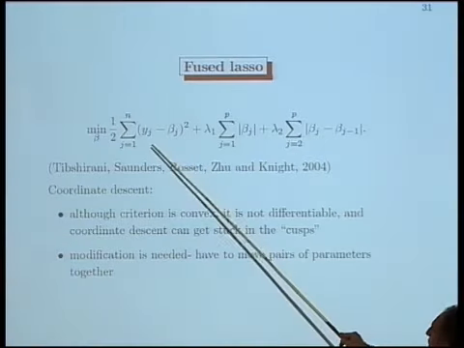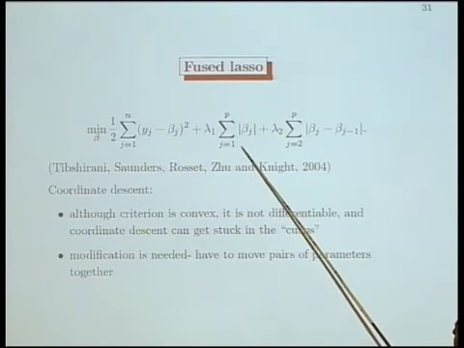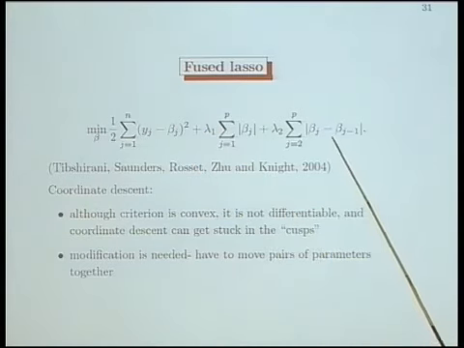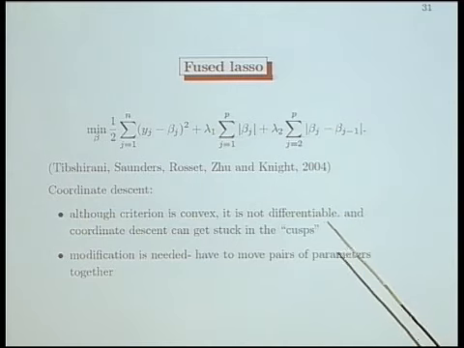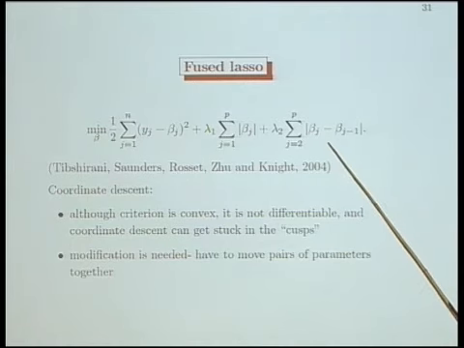I have a sequence y. I want to approximate it by a sequence beta. I have the Lasso penalty, but I'm going to add another penalty, which is a penalty on how much the coefficients change. We call this a fusion penalty, because as you see, what happens in the estimation is that the penalty causes the procedure to fuse together consecutive values of beta.